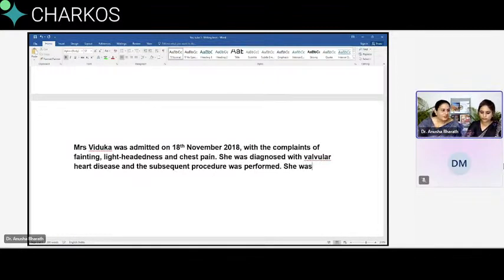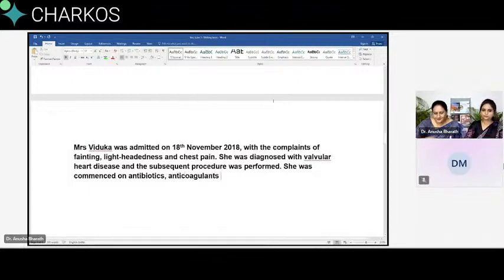There are three things again here: antibiotics, anticoagulants, and analgesics. All right. She was commenced on antibiotics, anticoagulants, and analgesics.